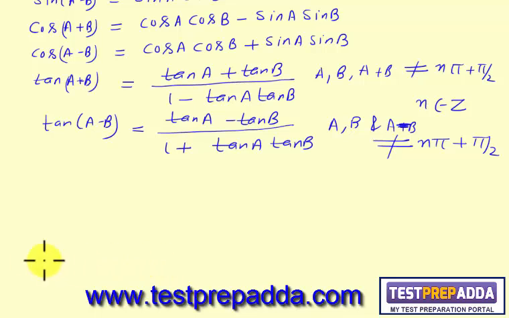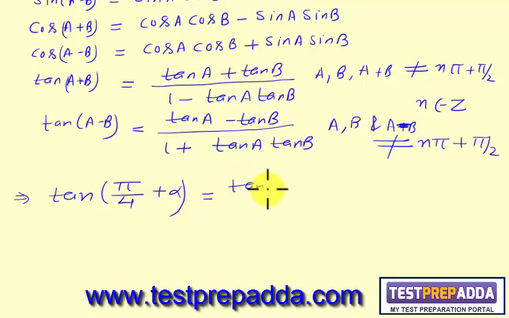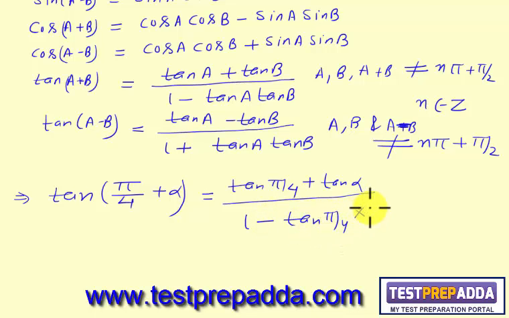Now with the help of these results, if I try to get tan pi by 4 plus alpha, what is this value? I will write this as tan A plus tan B upon 1 minus tan A into tan B, and tan pi by 4 is 1.